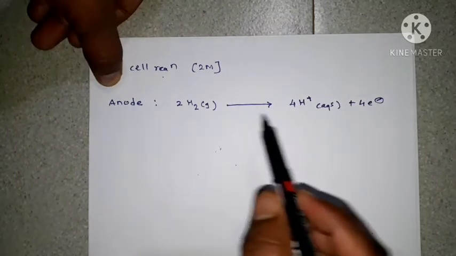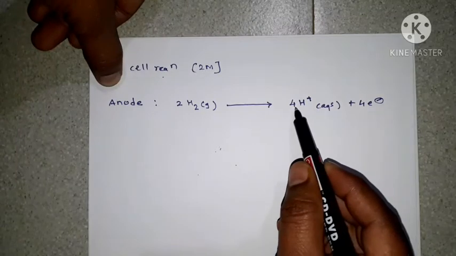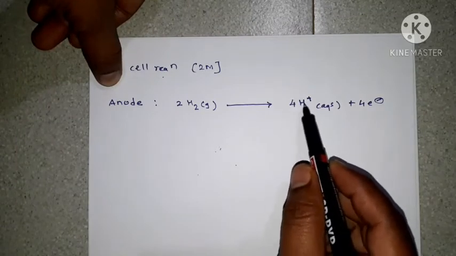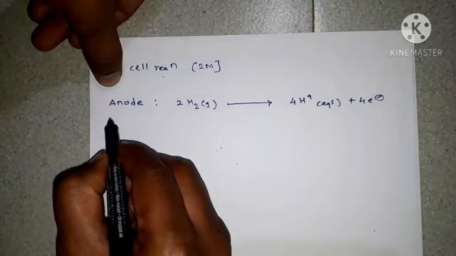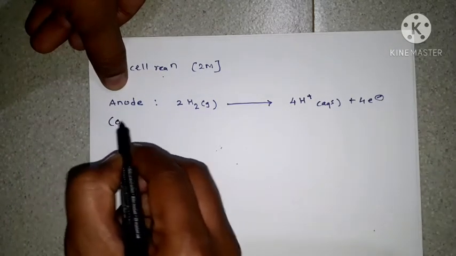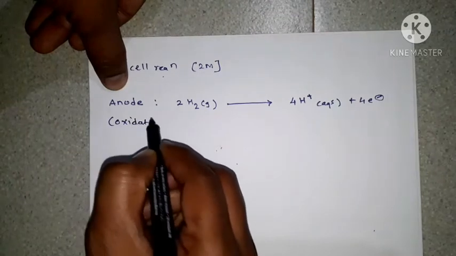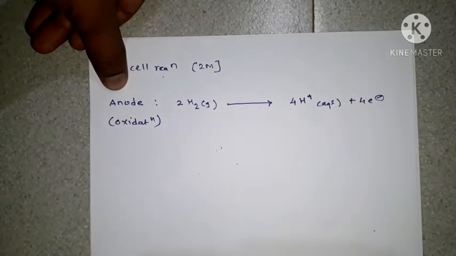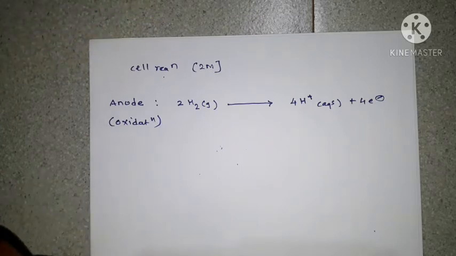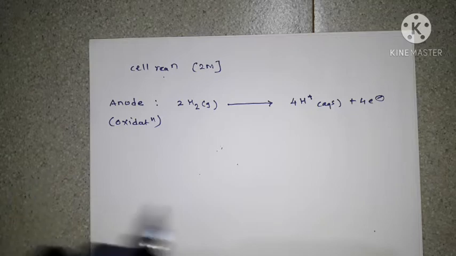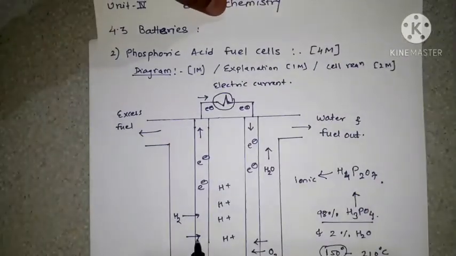This hydrogen gas is oxidized in the form of 4H plus, and 4 electrons get removed. That means you can say on the anode oxidation takes place. Okay, these 4 electrons are passed toward the generation of electricity.